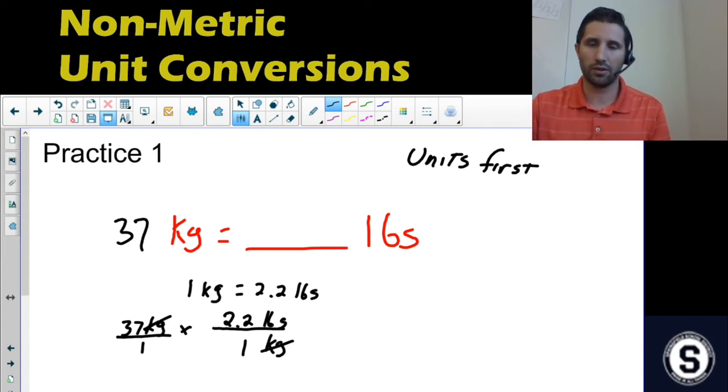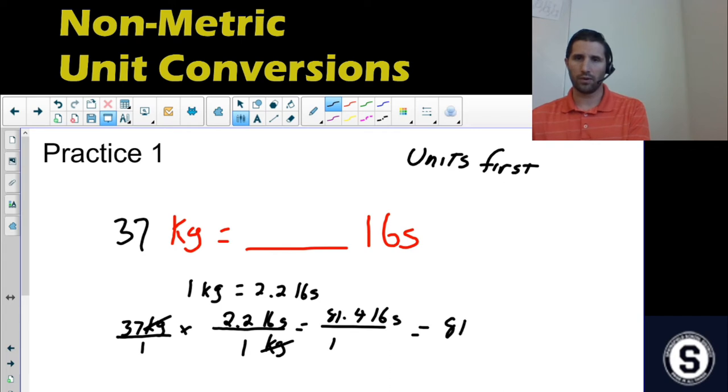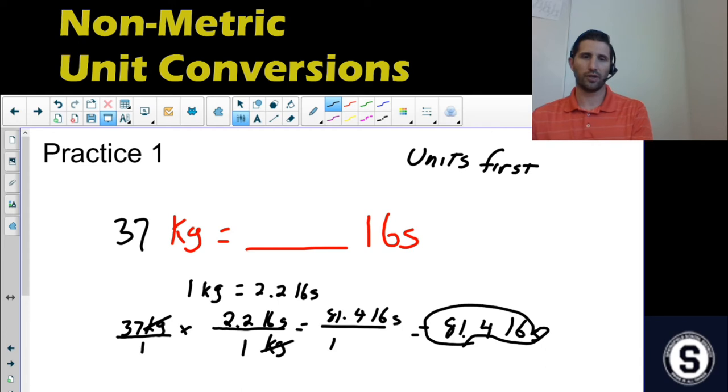With my calculator, I'm going to do 37 times 2.2, and I get 81.4 on top, and it's pounds. And on the bottom, I just have 1 times 1. So my answer is 81.4 pounds. And so we're good there. Sorry, my handwriting here is not great.